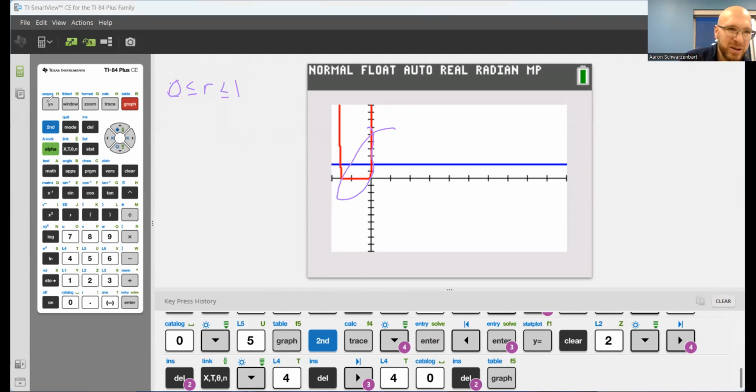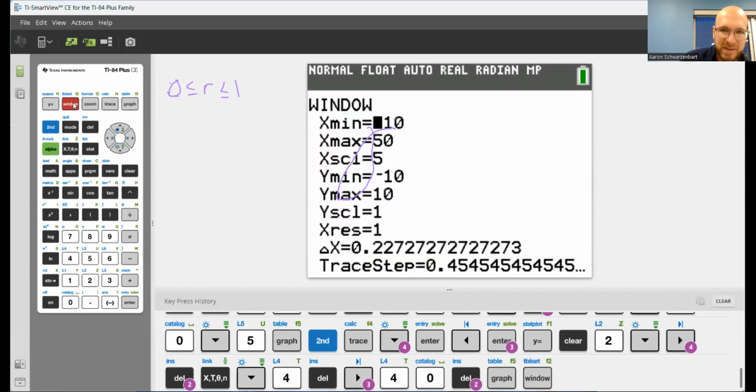So I have to set my window appropriately. Let's get rid of this scribble in the middle of the screen. So I'm going to put my minimum at 0.